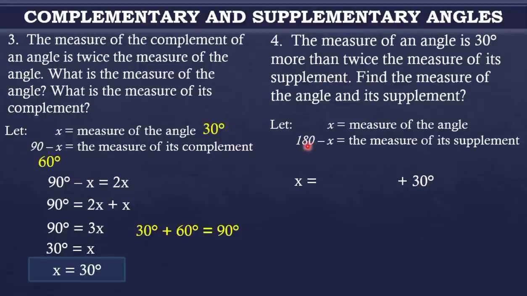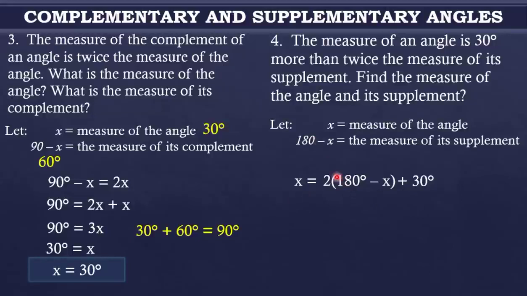What is the supplement? 180 minus x. Twice of this, so we have 2 times the quantity of 180 minus x. Again, the measure of the angle is 30 more than twice its supplement. This is the supplement. Let us solve.